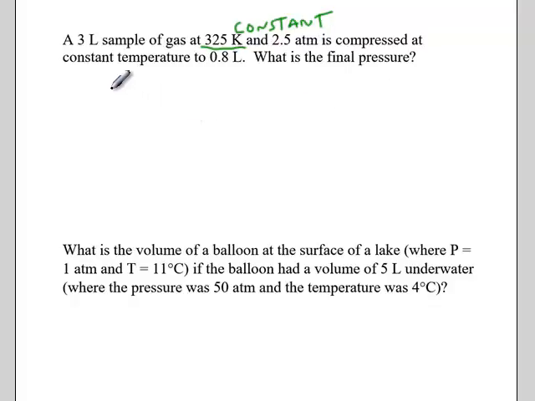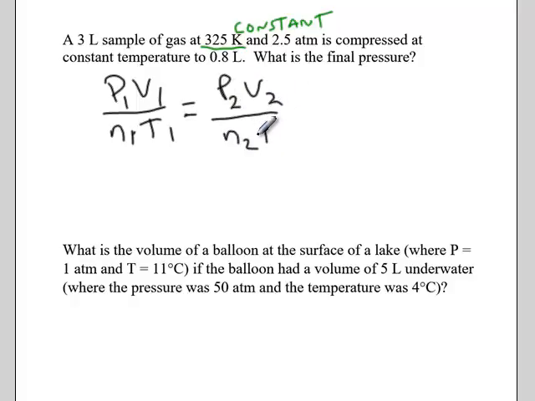So we're going to use P1 V1 over n1 T1 equals P2 V2 over n2 T2. If anything is the same for the first set to the second set of conditions, then we can cancel it out, such as this temperature. T1 is the same as T2, so we can cancel that out of the equation.